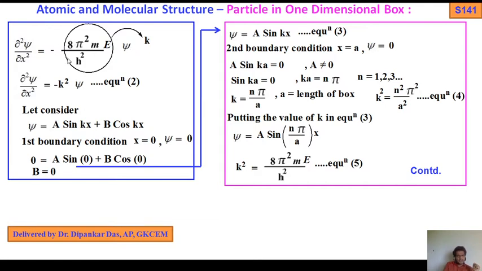Now this value 8 pi square m E by h square we can call k square. So del square psi by del x square equals minus k square psi, equation 2.